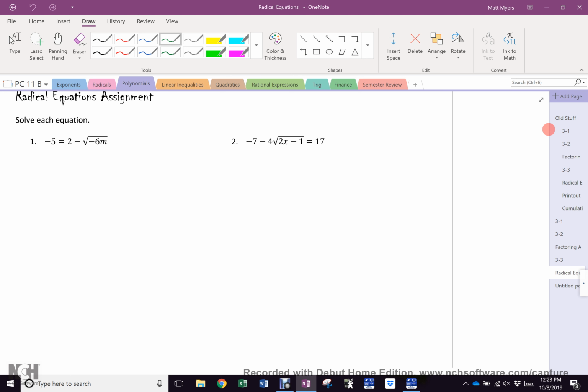Now, what this means, however, is this unit is done right now on Tuesday. It will probably take most of the rest of the class to do this equations assignment, which means we would mark it tomorrow, which is Wednesday, which means we have Thursday and Friday of this week.